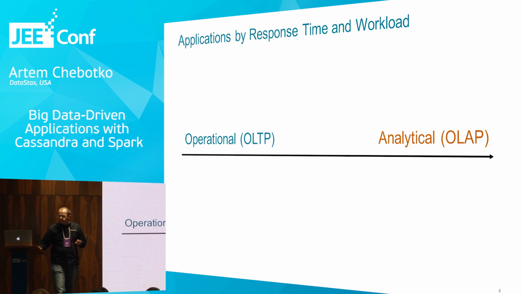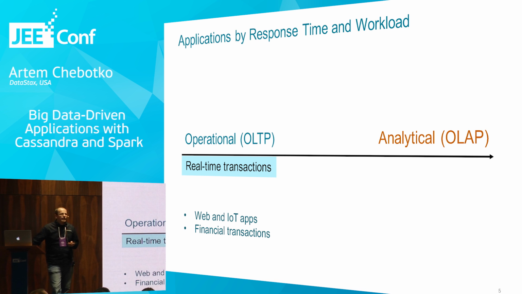In terms of response time and workload, the applications are usually divided into operational and analytical. And we had a number of presentations on those today in this track. Examples of OLTP or operational applications would be real-time applications that are working with web, with Internet of Things, just collecting sensor data type of application, financial transactions, and so on.